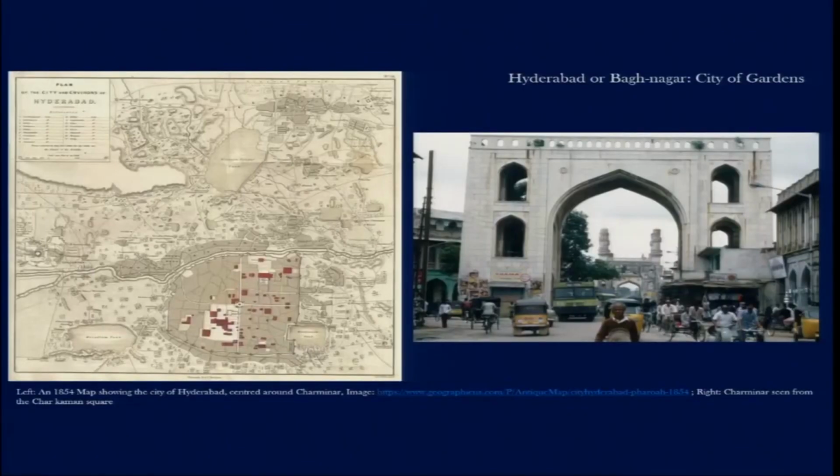Similarly, we find that there were other gardens in the entire Deccan region. For example, Amin Khan's tomb, which is in a suburb very close to the city of Hyderabad today, in Patancheru. Amin Khan's tomb was known for being a garden which was not used by the elite, but was meant to be used by the people in the state.